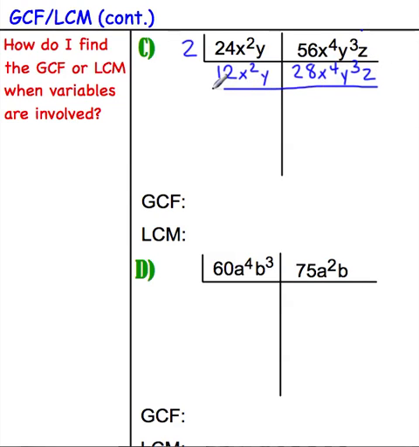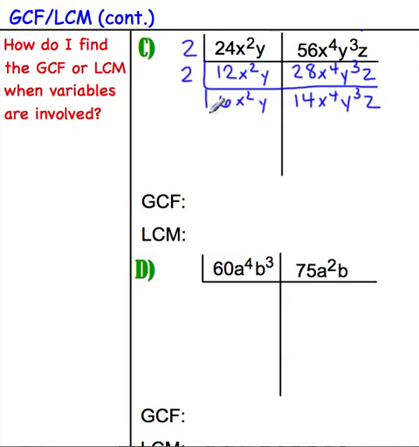So then I go ahead and draw another box, and I know I can divide out another 2. 12 divided by 2 is 6, x squared y, and 28 divided by 2 is 14, x to the fourth, y cubed, z.